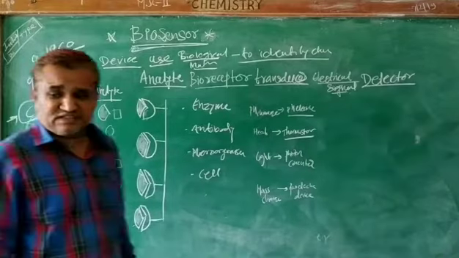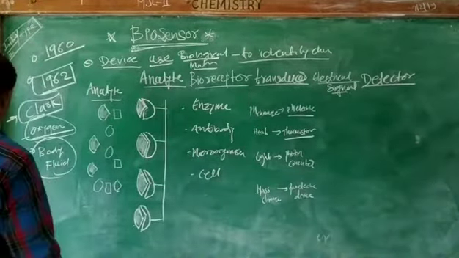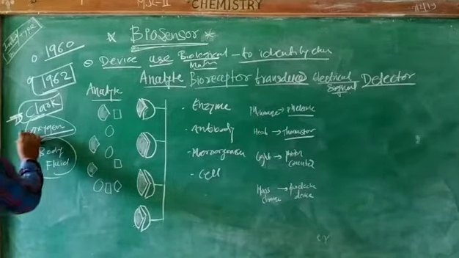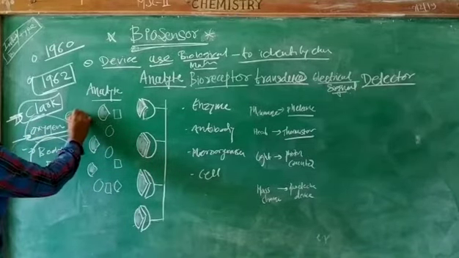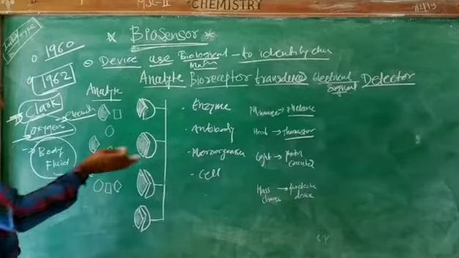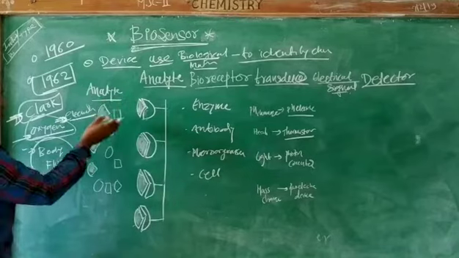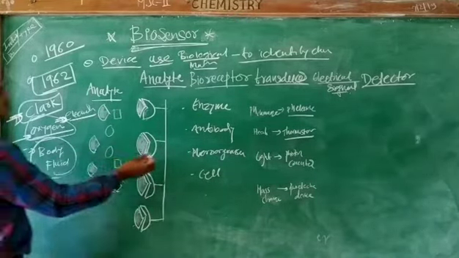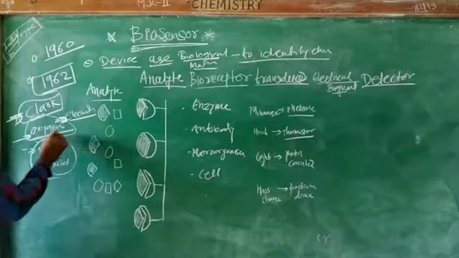So in 1962, Clark used an electrode, as we see in a chemical sensor, together with biological elements, that is enzymes and antibodies, to detect the oxygen.